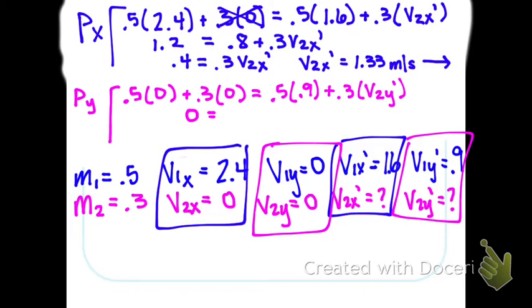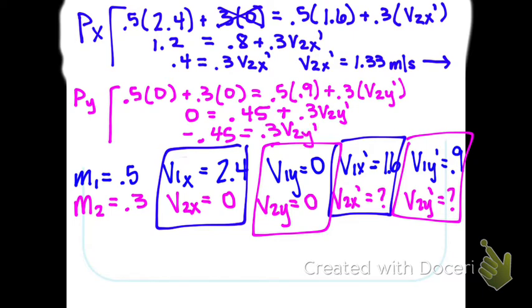So 0.5 times 0.9, I don't know, 0.45, plus 0.3 V2Y prime. I'll subtract that 0.45 over, so that gives me negative 0.45 equals 0.3 V2Y prime.